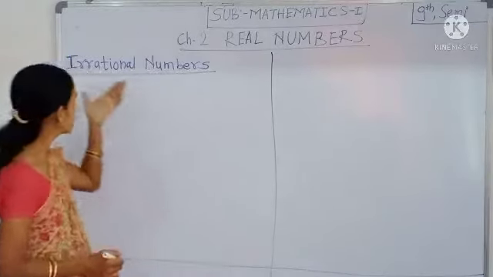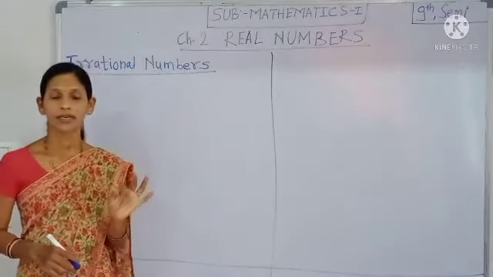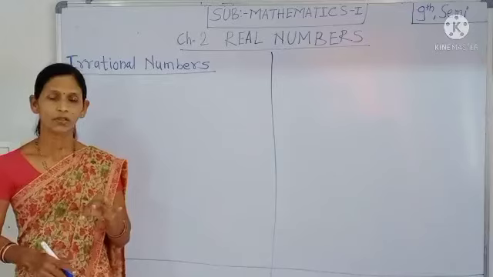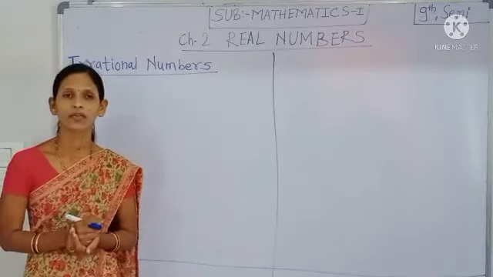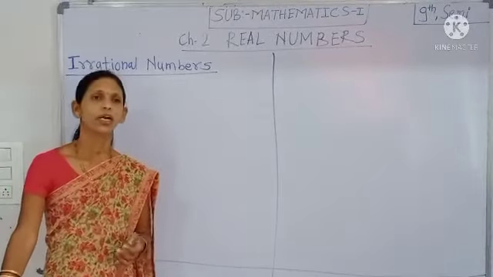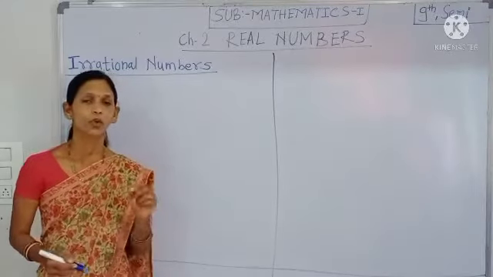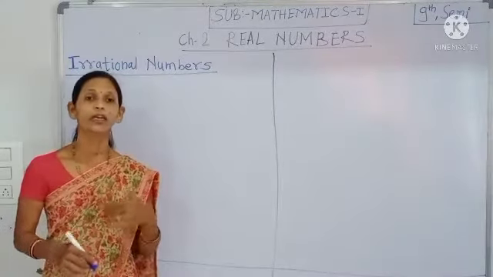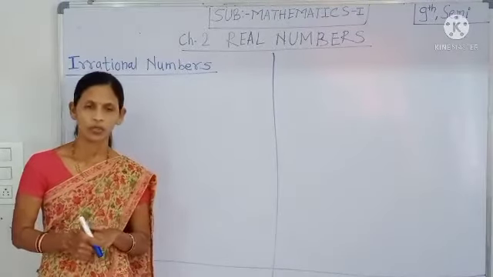All of you have studied irrational numbers. Those are numbers whose decimal forms are non-terminating as well as non-recurring. We can represent those irrational numbers on a number line also.